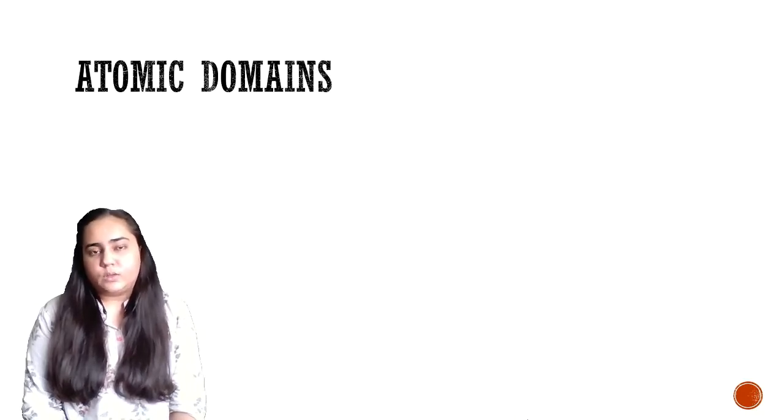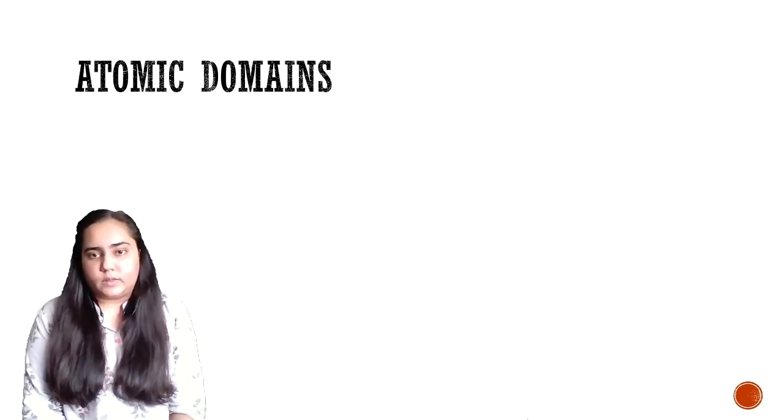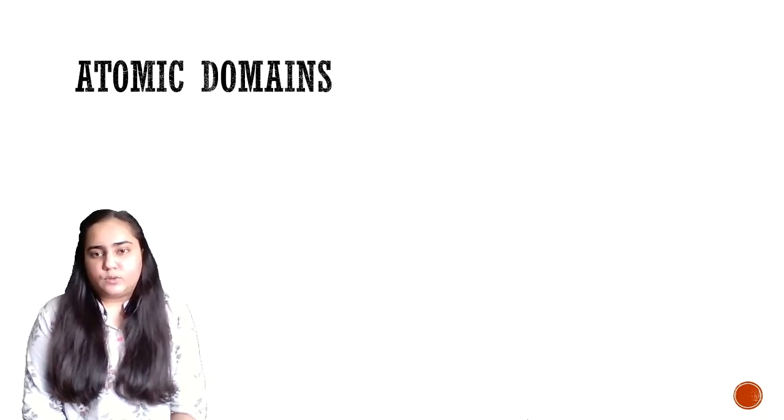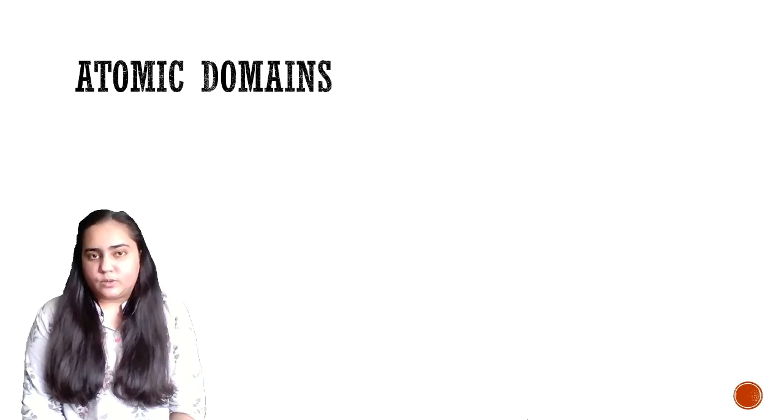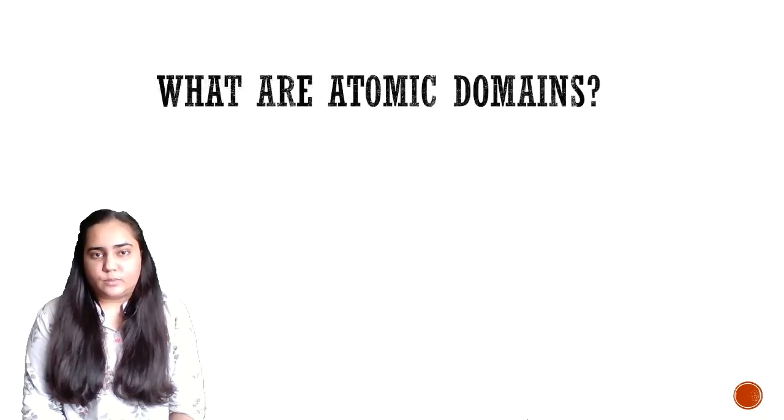Now, whenever we talk about relational database design, the concept of atomic and non-atomic domains comes up. And this is a concept that I've already talked about in relational models, which I explained in my previous videos. But I'm just going to revise it once again, because it's important even in studying relational database design. So what is an atomic domain?